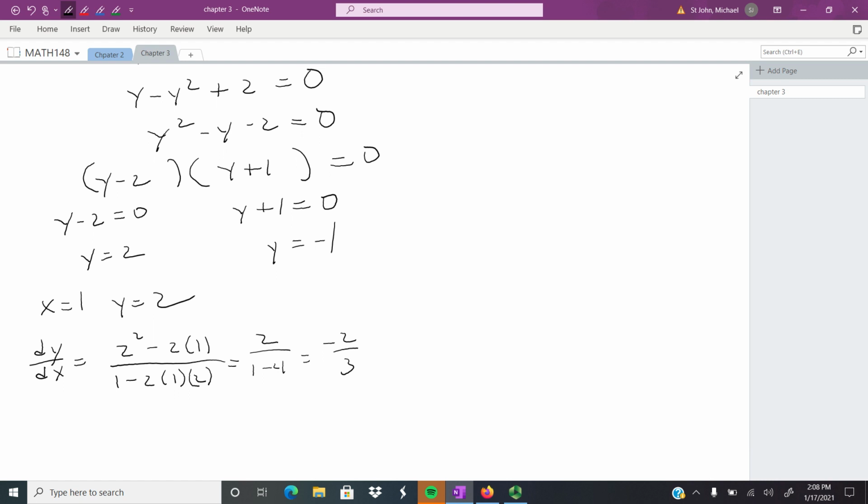And then we could also do the other case. So now we would have x equals 1 and y equals negative 1.